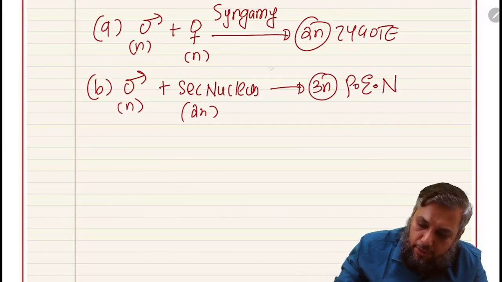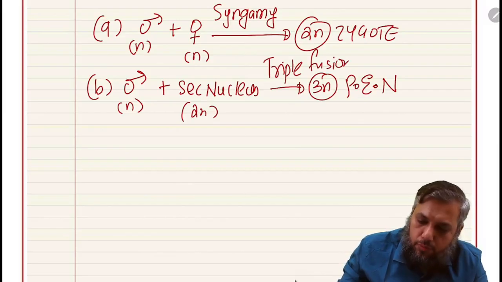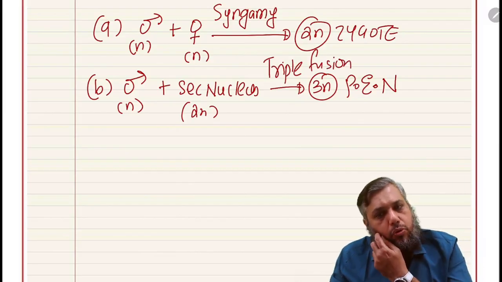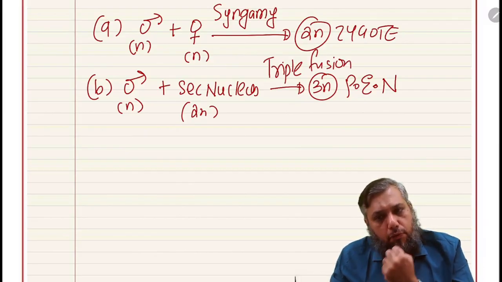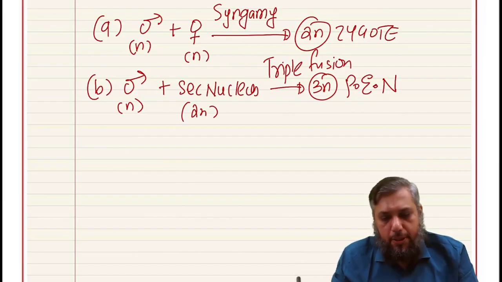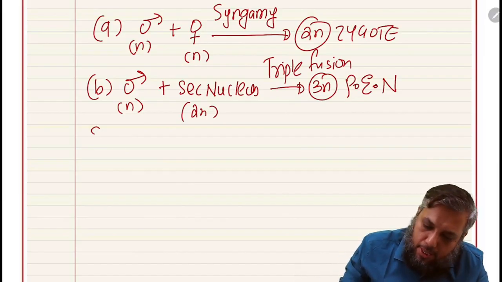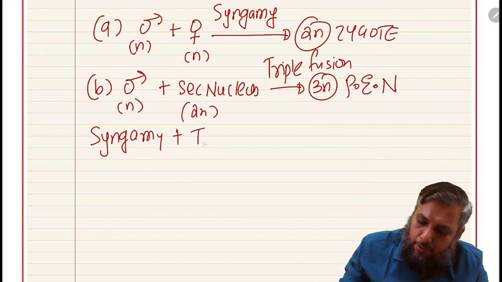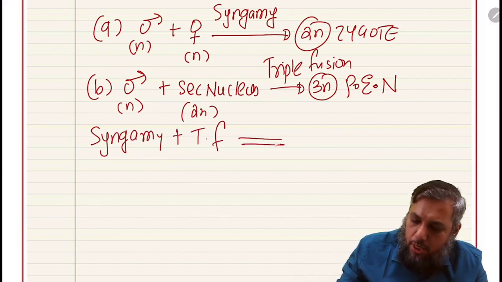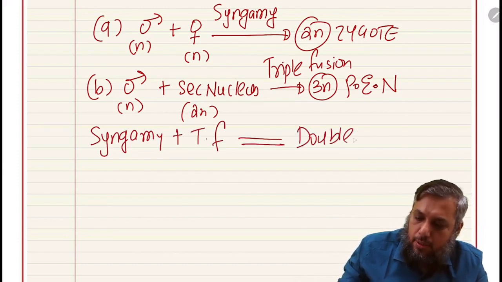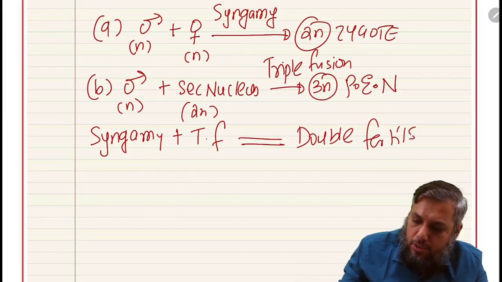This is called second fertilization, or more correctly, it is called triple fusion. So we have used two male gametes for two processes at two different places. And syngamy and triple fusion together is called double fertilization.